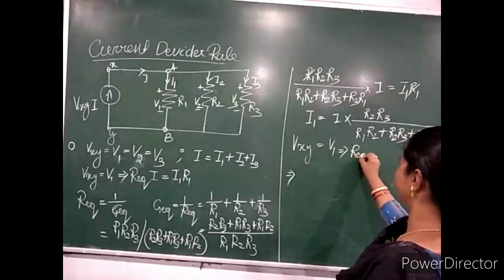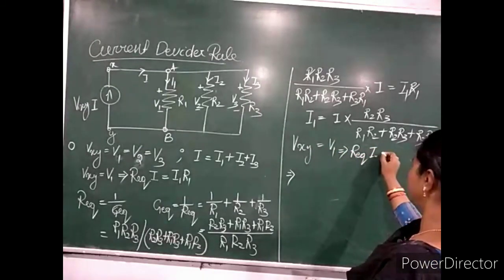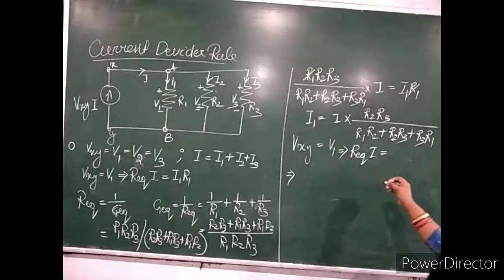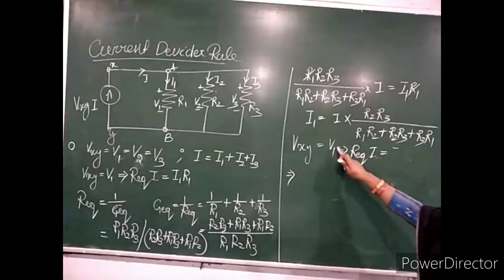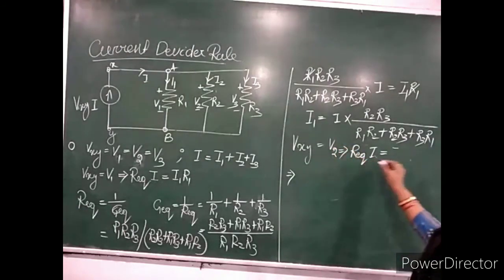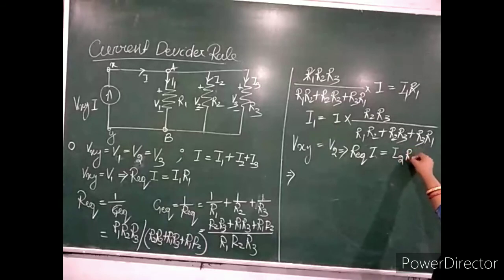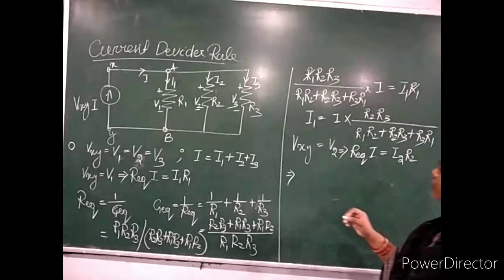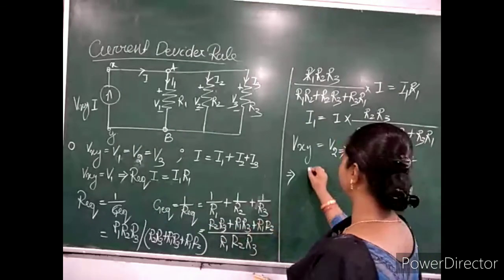Vxy is R equivalent into I, which is equal to V2, that is I2 into R2. R equivalent, I put the value.